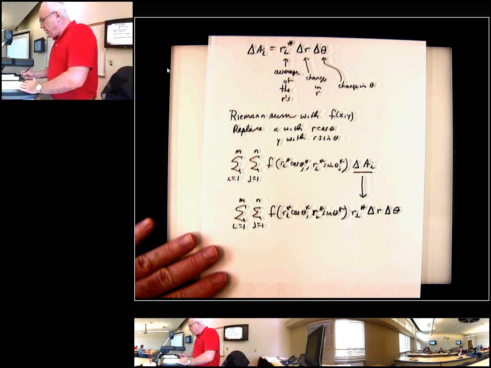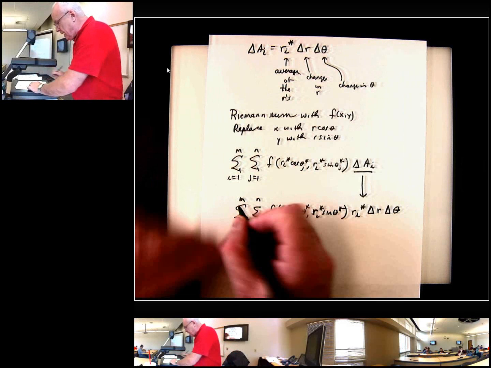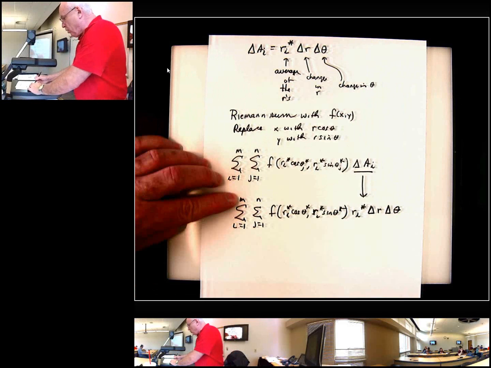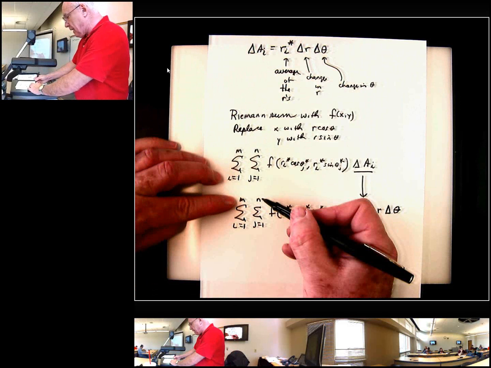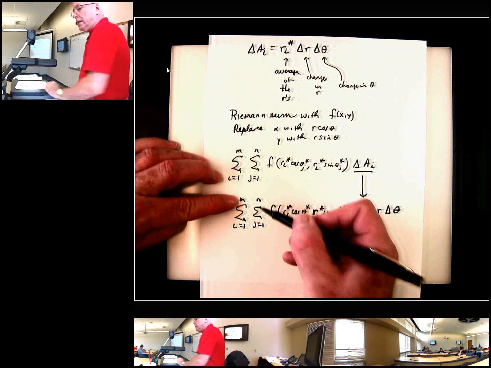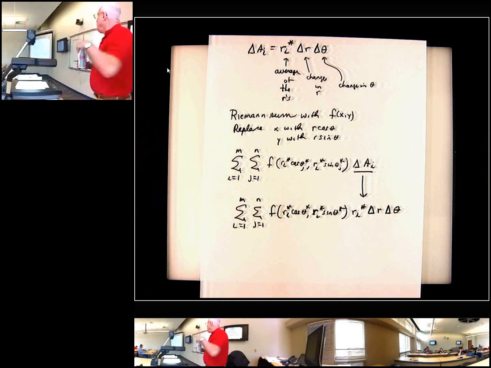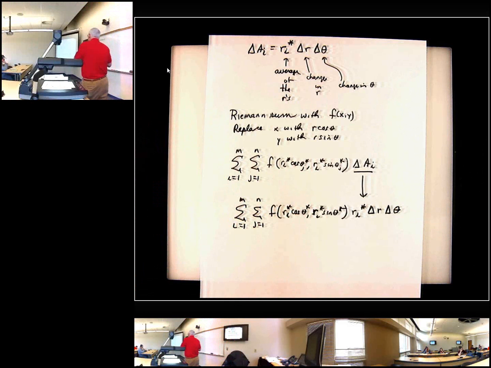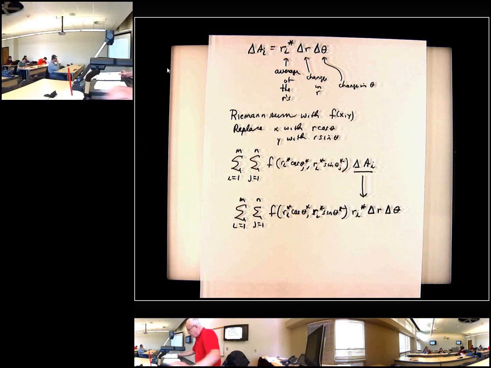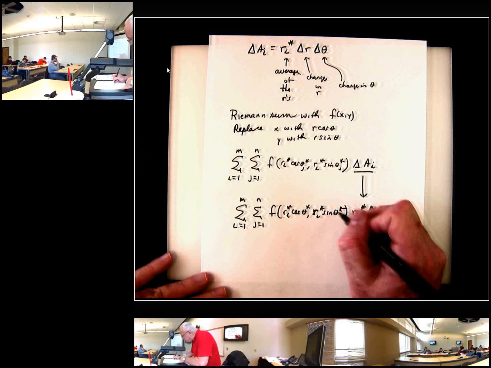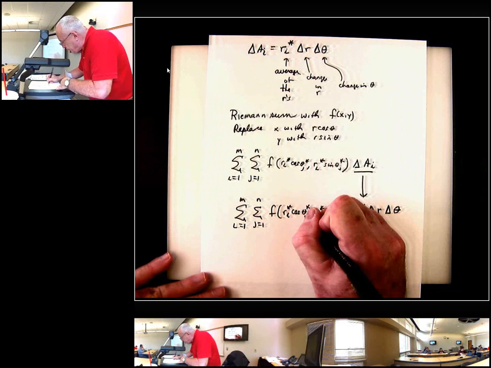And what we do here to figure out the integral is we take the limit as we get more and more of these rectangles, so we let m and n both go to infinity. Yeah, Jordan? Should we put in the r_j there? No, the r's are the same. Because the thetas here are j.